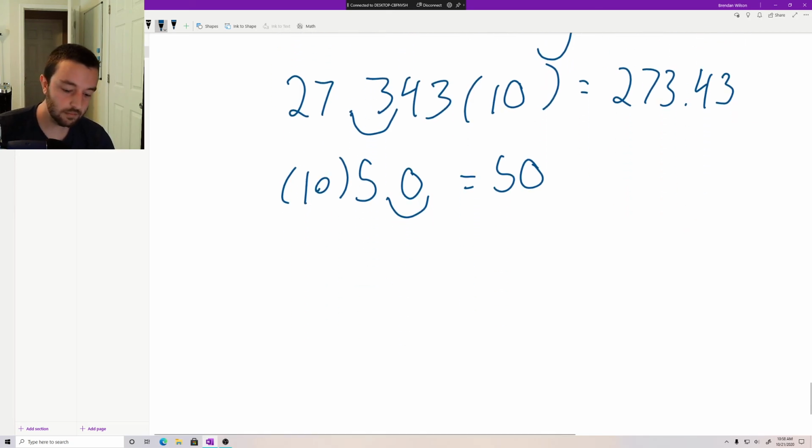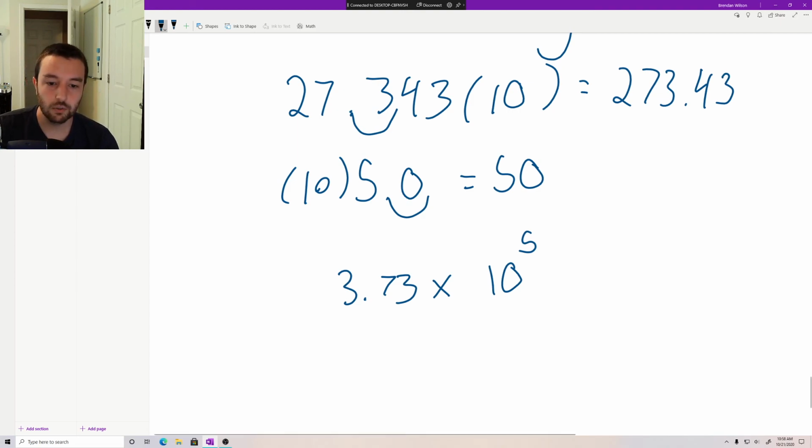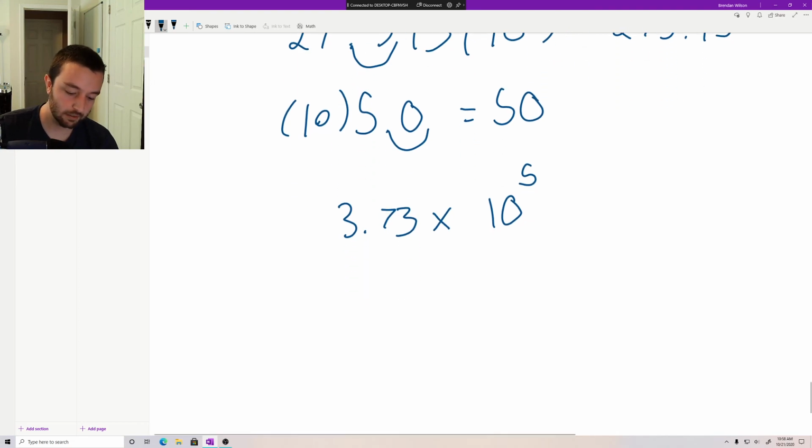Okay. So that's how we use what's called scientific notation, which I think we'll talk about a little later. But if we had something like 3.73 times 10 to the 5th, 10 to the 5th is just telling you how many times you're multiplying by 10. So we're multiplying by 10 5 times, which means we should move the decimal over 5 times, right? 3.73.